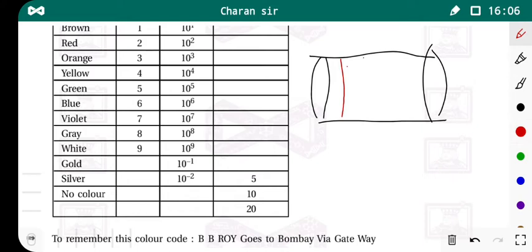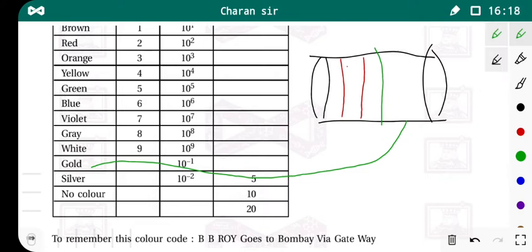Second band, that is also red. Third band, that is green, and the fourth one, that is our gold. The gold color is not given in this software, because of that we write its name. This is our gold.